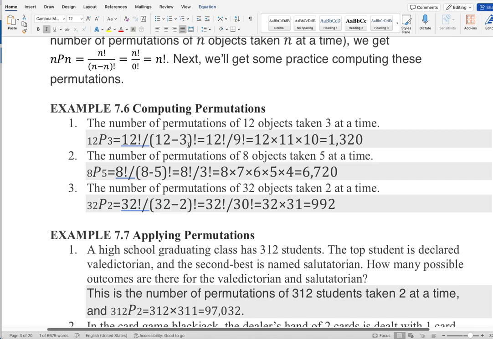I'm going to pause a little bit, you take a look if it really makes sense. You are taking 3 out of 12, so the number of permutations is written as 12P3. If you remember the formula, this is how it would look. Don't forget the denominator is also a factorial.